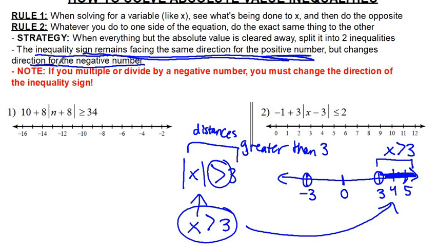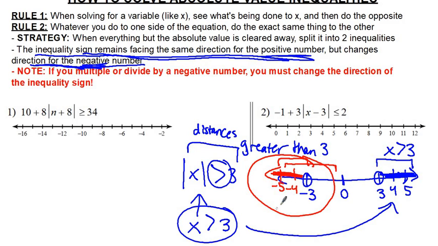The second part of this says it has to change direction for the negative number. What does that mean? Well, we want distances greater than 3, so now I'll use a different color here. If you look at this part of the graph, we have to shade in this direction for distances greater than 3 over there, like negative 4, negative 5, and so on. That would put us at a distance of more than 3. So the question is, how do I write an inequality for that part of the graph?